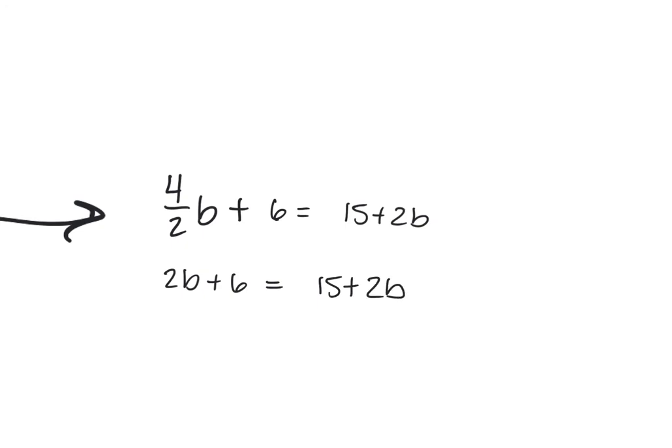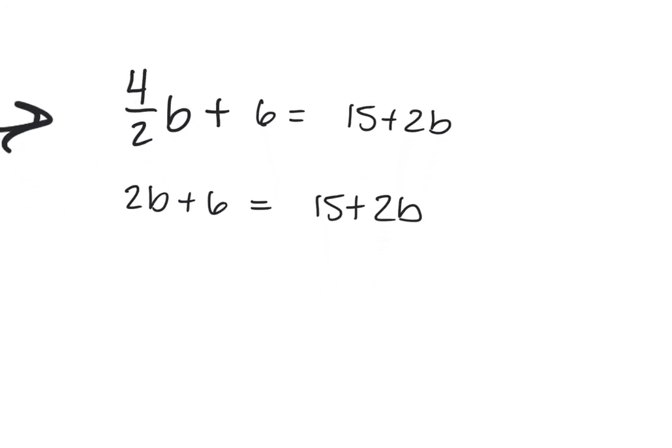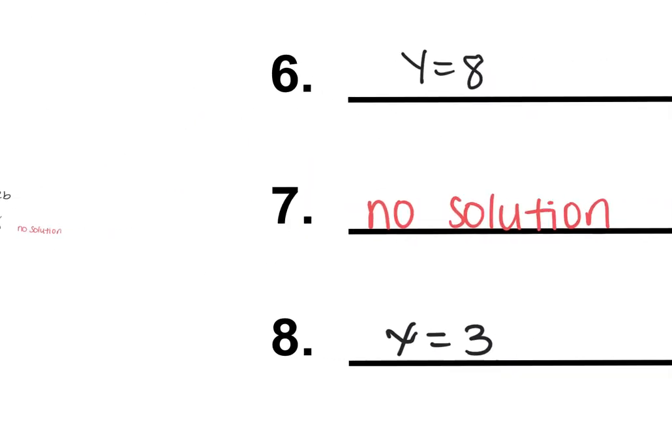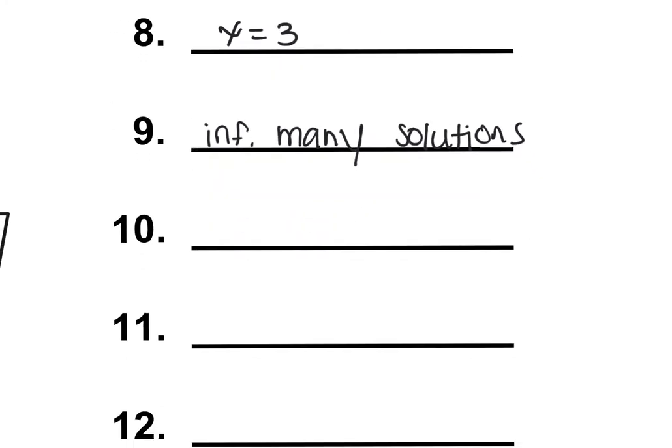Now, people already noticed that we've got the same variable term, the 2b, but we don't have the same number portion. This is going to be no solution. Now, if you didn't notice that, just go ahead and keep solving. So we would subtract 2b from both sides. They both cancel, and we get 6 equals 15, which is not a true statement, so therefore there is no solution. There's no value of b that would satisfy this equation.